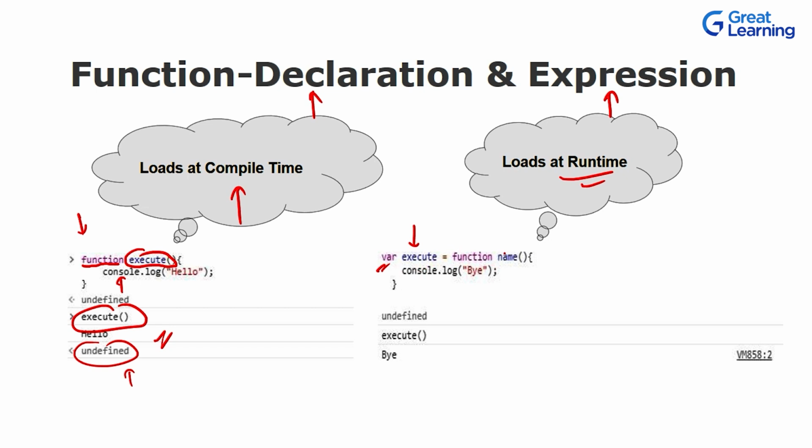Now you can see we have this function, which is the same as the old one, but the only difference is that you are using this variable to store it. And now you call it with the help of this variable, execute, and it will print out bye. So this is function declaration and this is function expression.